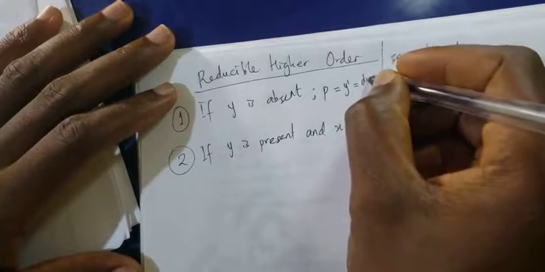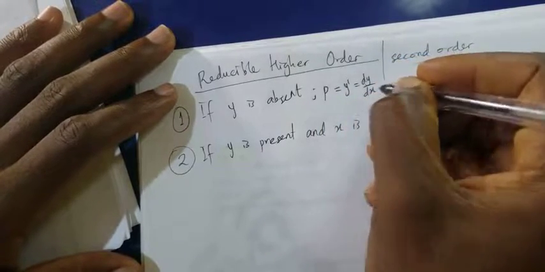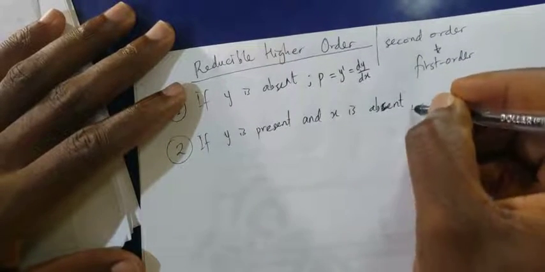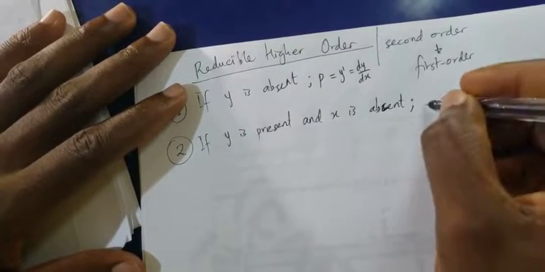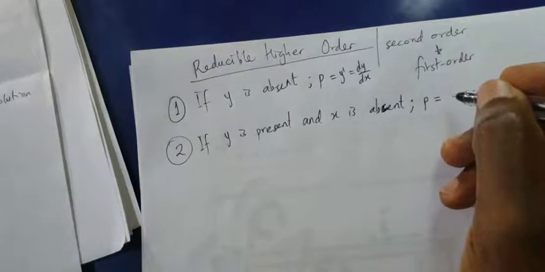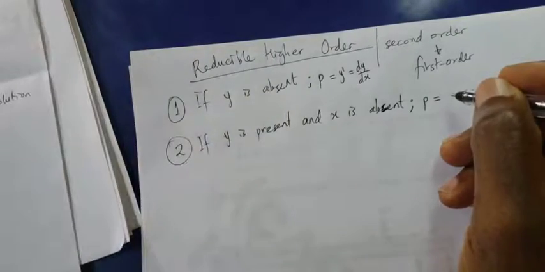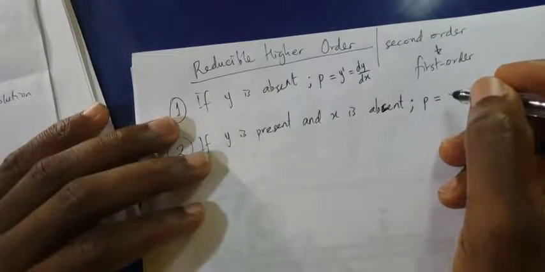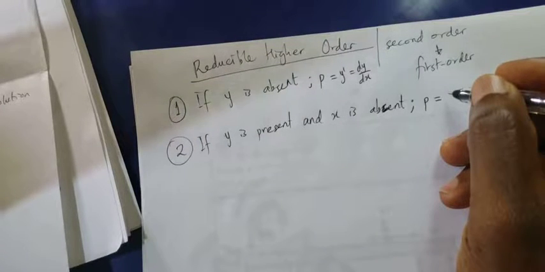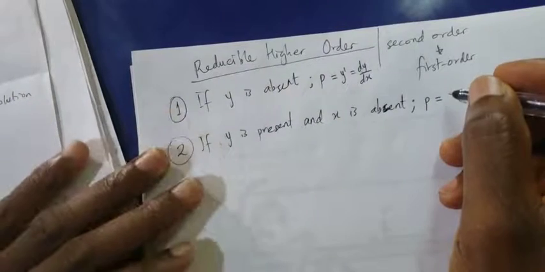Y prime in this case is just dy/dx. If y is present and x is absent, we're going to use the substitution p is equal to dy/dx, something like that.